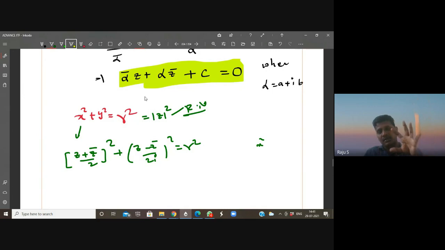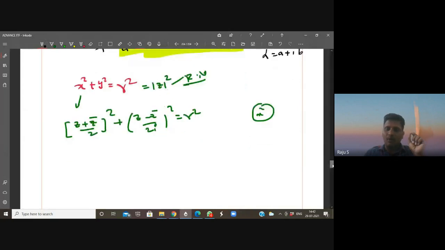Modulus z is a constant, a numerical value. Now look here. You may apply a plus b whole square and a minus b whole square. You have to expand, take LCM, and cross multiply the denominator. We are going to get the circle equation in standard form.